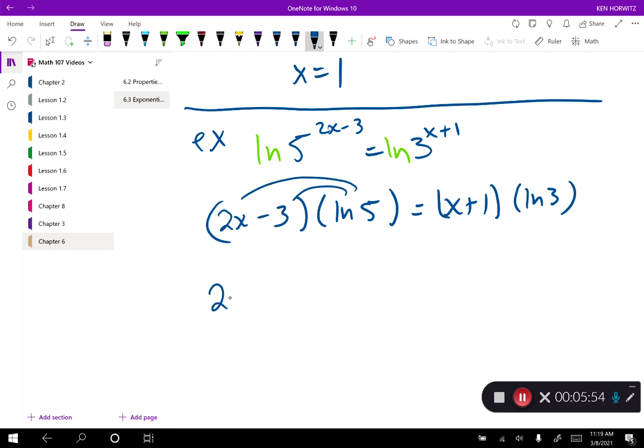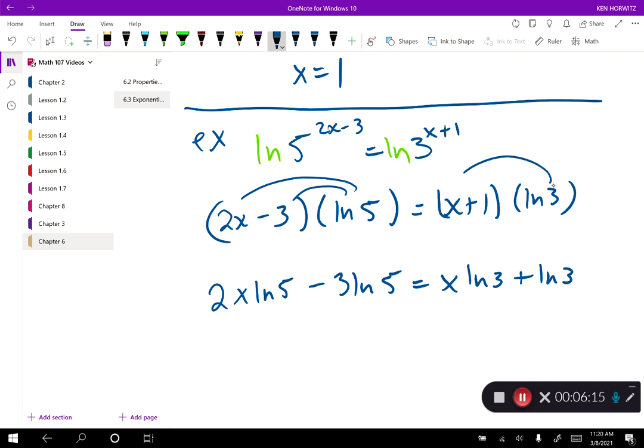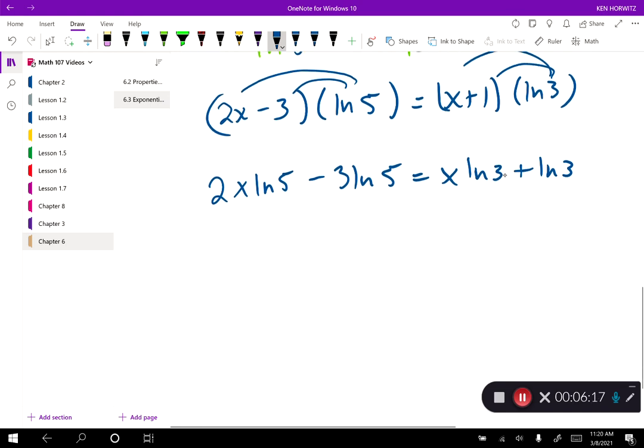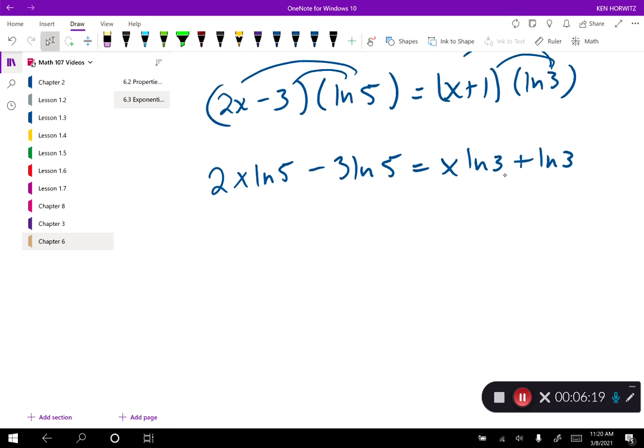So I have 2, and I'm going to put the x over here so I don't get mixed up with my ln 5. All right, minus 3 ln 5 equals x ln 3 plus ln 3.